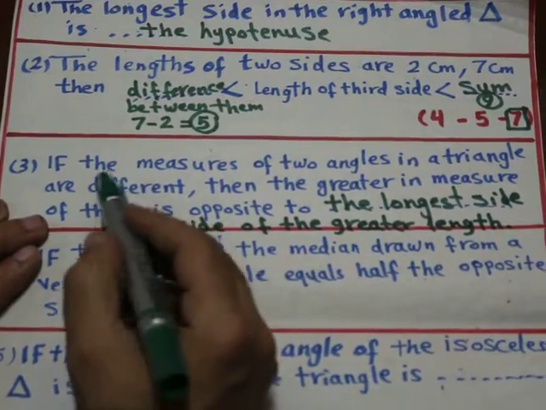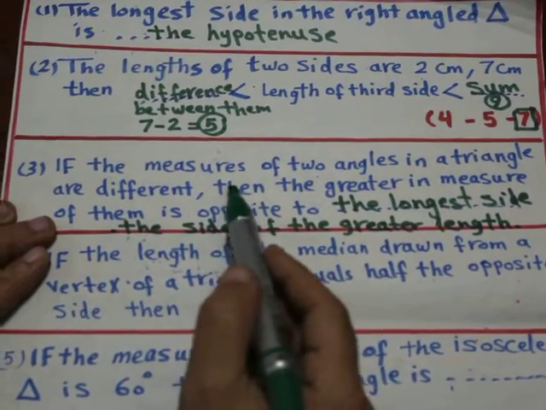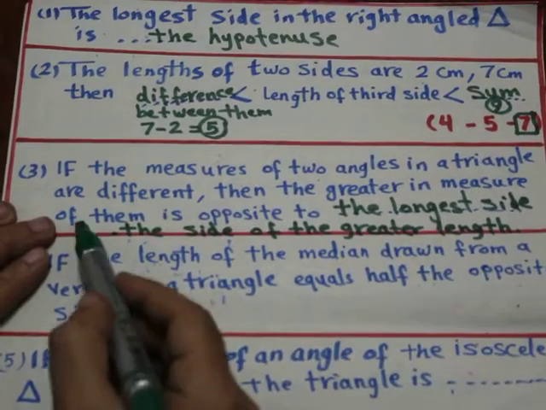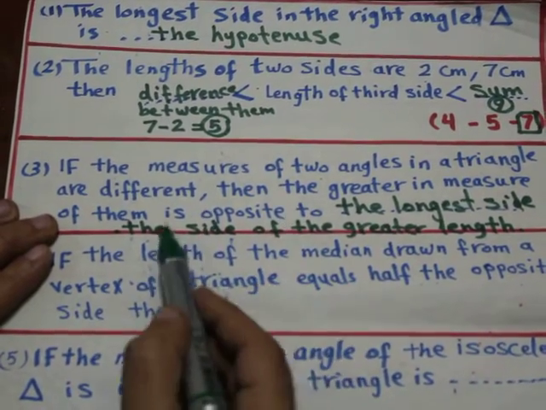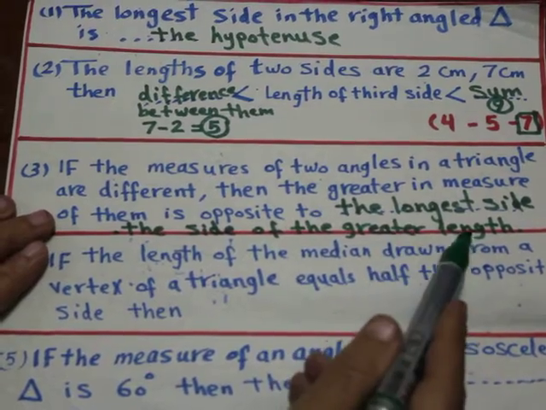So again, if the measures of two angles in a triangle are different, then the greater in measure of them is opposite to the side of the greater length.